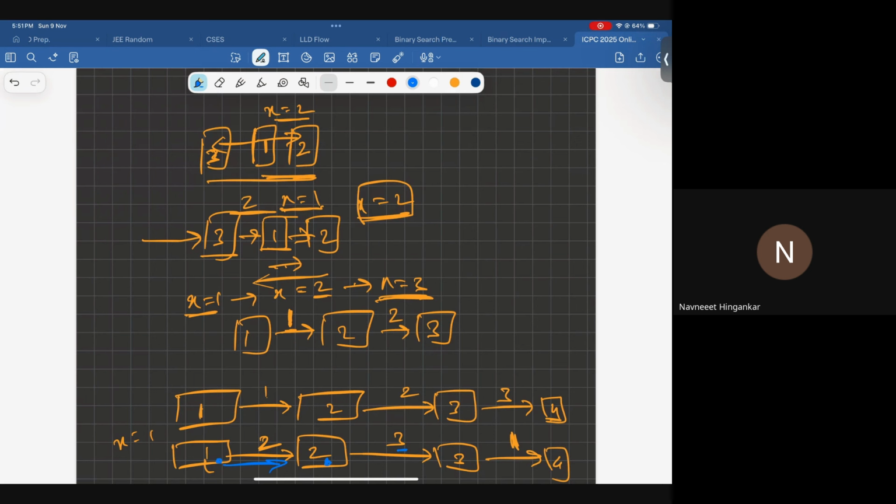It doesn't matter, it is not getting incremented, right? Then 2 3, and my x is still equal to 1. I can move to 3, and then when I'm trying to move towards 1, I need to increment my x from 1 to 2. When I'm at 4, my x is equal to 2, then I can move from here to here.